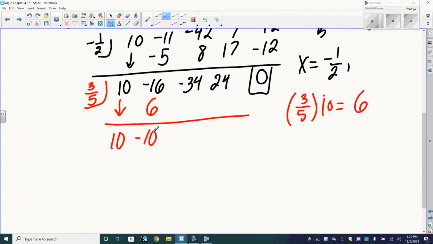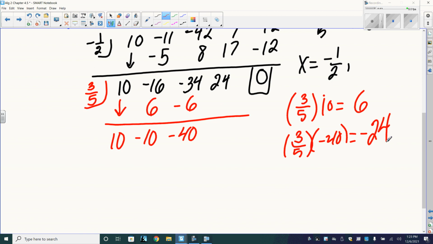Well, negative 10 times 3/5 would be negative 6. The only difference was that the 10 was negative instead of positive. Then we can add straight down. Negative 34 plus negative 6 is negative 40. Then we do 3/5 times negative 40, and we get negative 24. Which does give us a 0.